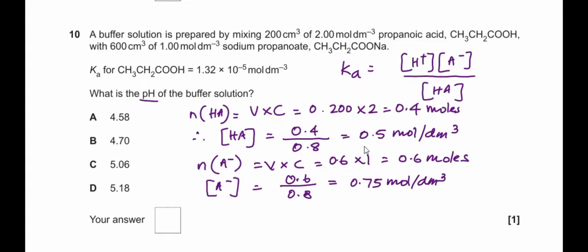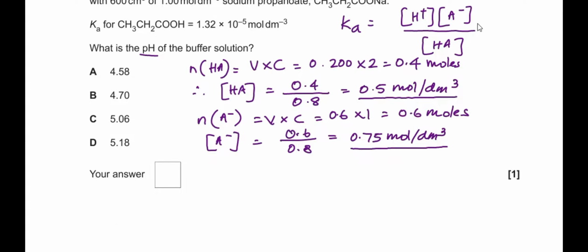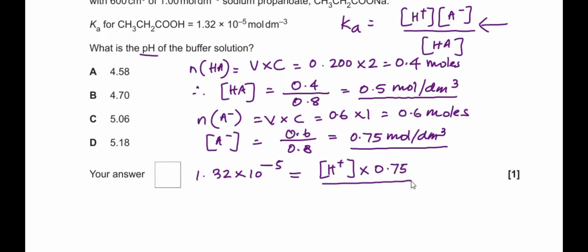So we have all the information that we need: concentration of the acid, concentration of the salt solution. Putting this into the Ka equation, we get 1.32 times 10 to the power of minus 5 equals hydrogen ion concentration, which is what we are after, times the salt solution concentration, this 0.75, whole divided by the acid concentration, 0.5.